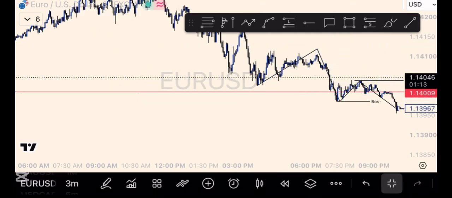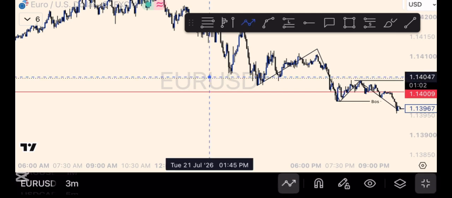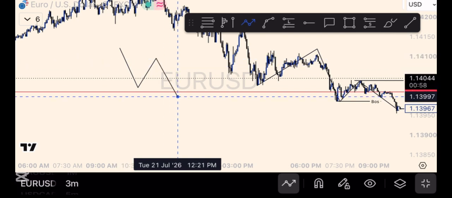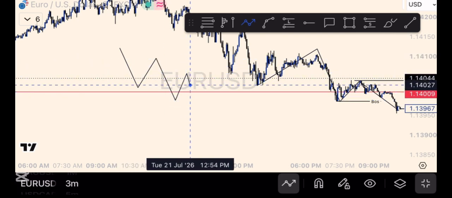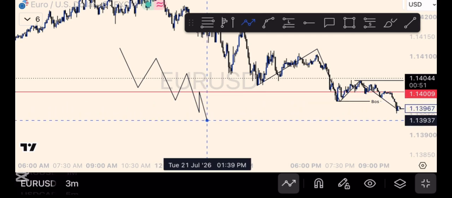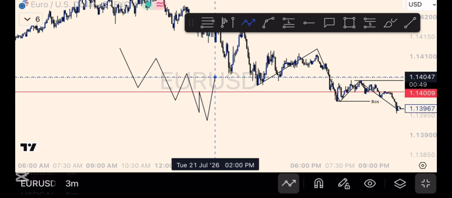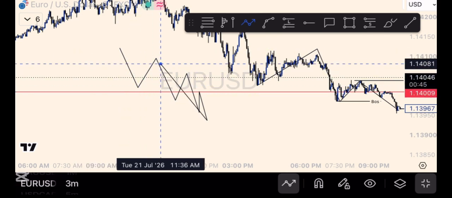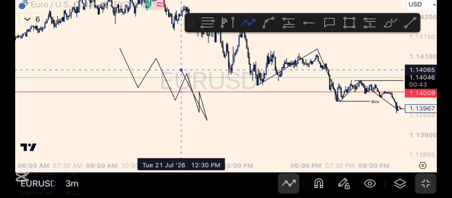So mind you, when price is willing to reverse, or change the trend, or change the state of delivery, or whatever you call it, normally if you're having this expansion in the trend, the moment you see the expansion start getting less, like price is not really breaking, not going low, you can see the distance of the imbalance here and the correction, the imbalance here and the correction, the imbalance here.